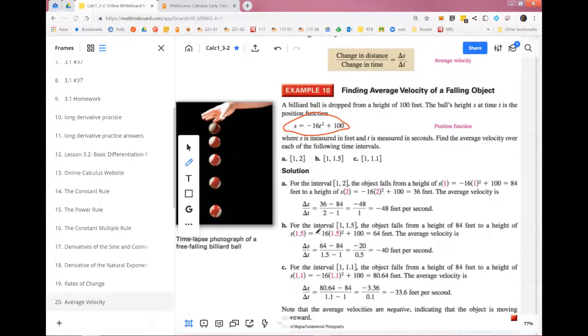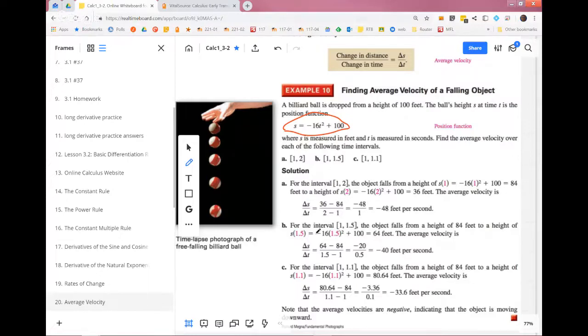So a ball is dropped from a height of 100 feet. The ball's height in time is S equals negative 16 t squared plus 100, where S is measured in feet and t is in seconds. That's feet per second, sorry. What's the average velocity over each of these time intervals?